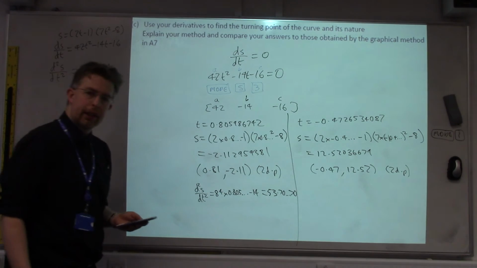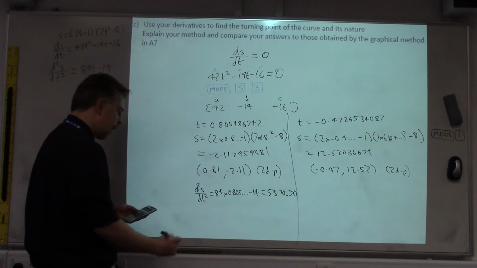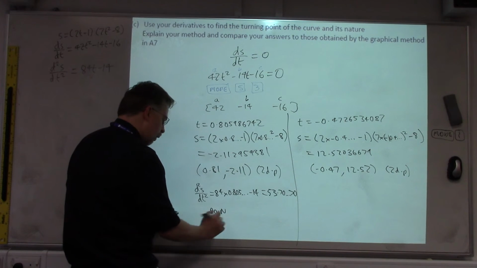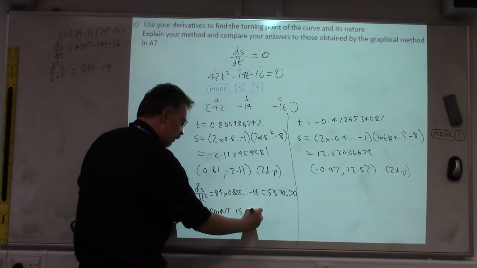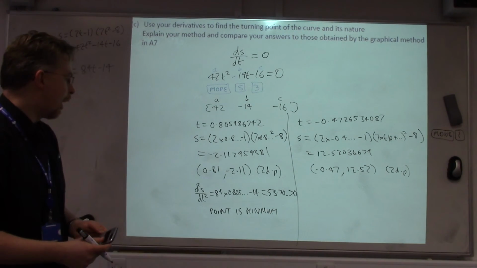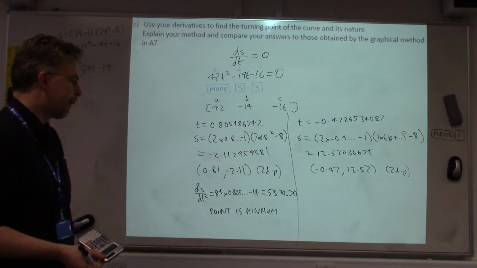So we put greater than 0, and a positive number means that the point is a minimum. So remember, second derivative, if it's positive, your point's a minimum. If it's negative, the point's a maximum.